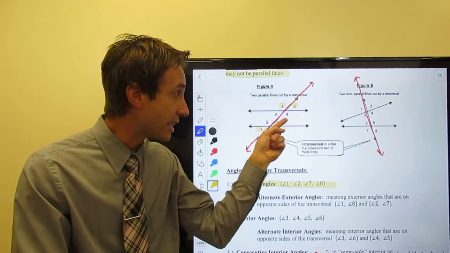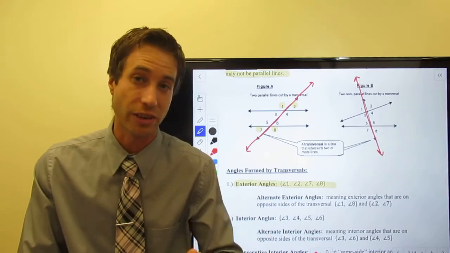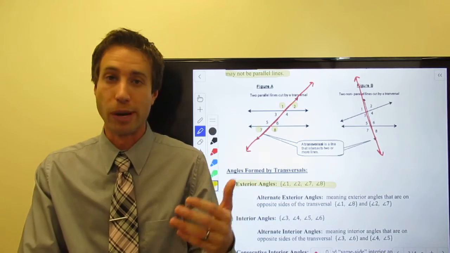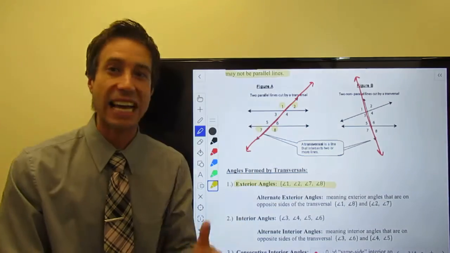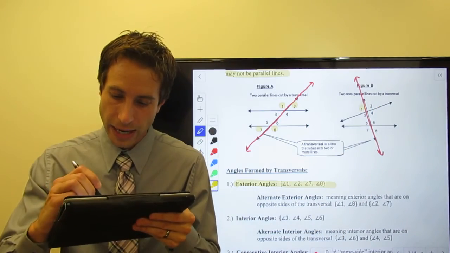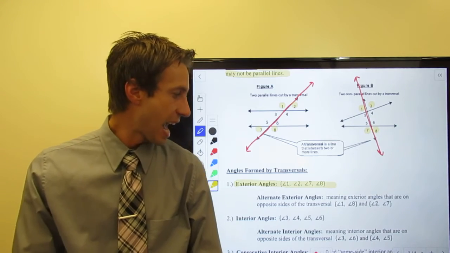These would be your inside angles, these are your outside angles. We just use the word exterior instead of outside because exterior is, I don't know, a little bit more grown-up, adult, high school word. So 1, 2, 7, and 8 are exterior angles. Same thing over here, 1 and 2, 7 and 8. Still exterior angles. Those are my exterior angles.